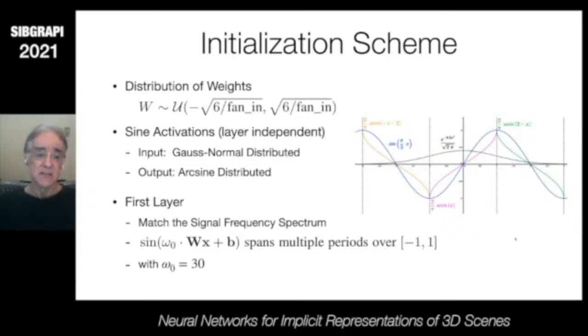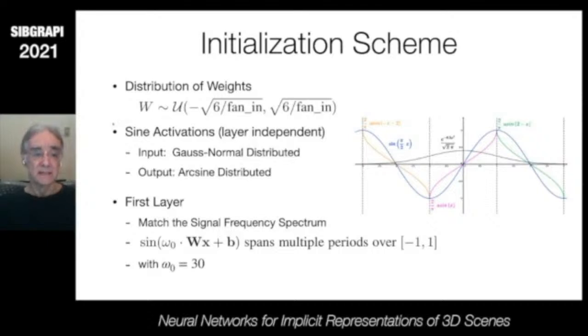For the initialization, we can imagine two parts of the network. The first layer, as we discussed before, does this spectral mapping that projects the input coordinates to the sine basis.